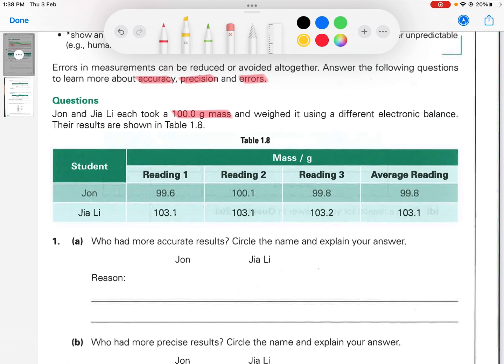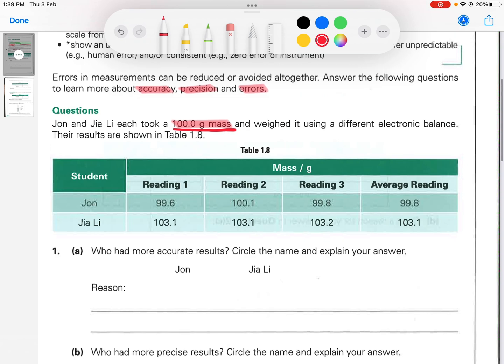Let's look at John's results: 99.6, 100.1, 99.8, 99.8. It's very close to the 100.0 gram mass. But for Jiali, the results are 103.1, 103.1, 103.12. You can see Jiali's readings are generally higher than the actual 100.0 gram mass.